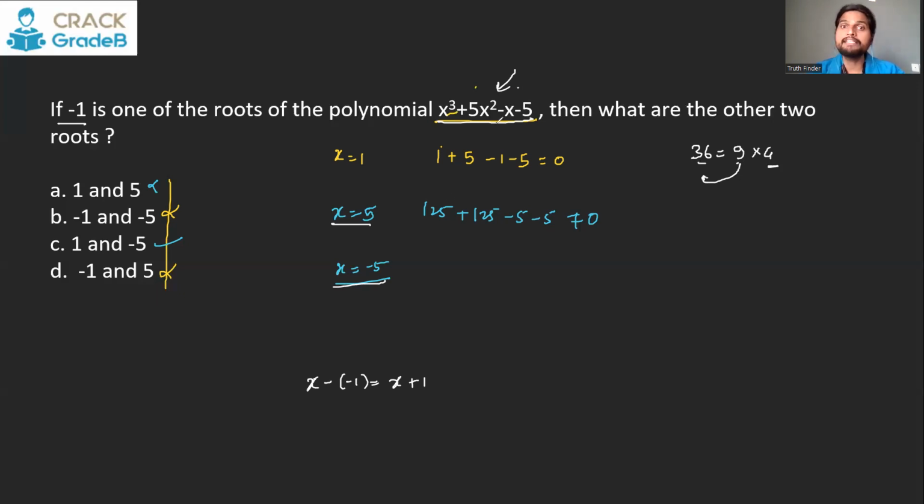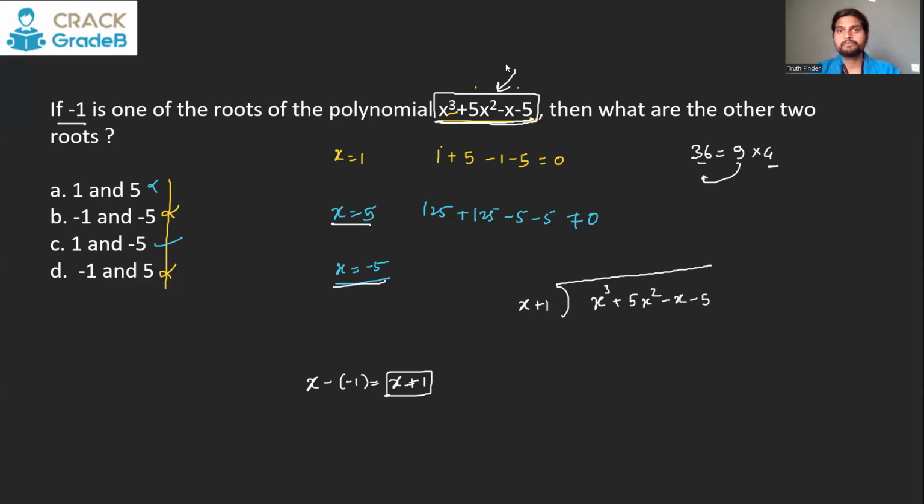That means if you divide this expression by one of its factors, x plus 1, you get the remaining factor. So how to divide? In school days, we learned one method of dividing the given polynomial by another expression.